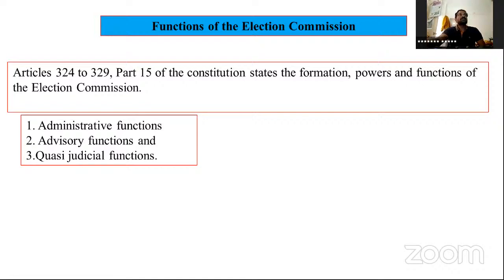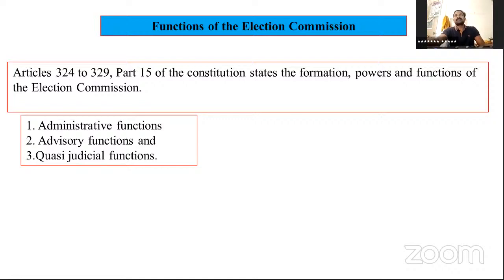According to the Indian Constitution, articles 324 to 329, in Part 15 of the Constitution, state the formation, powers and functions of the Election Commission. These articles, 324 to 329, talk about the Election Commission structure completely.